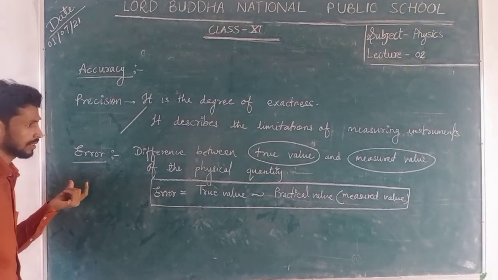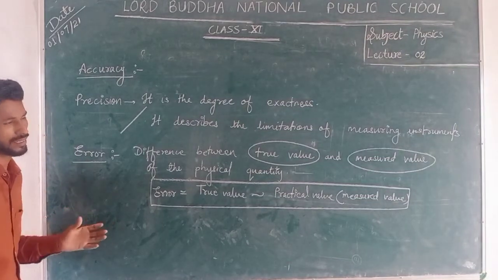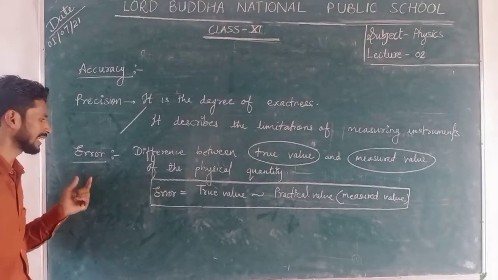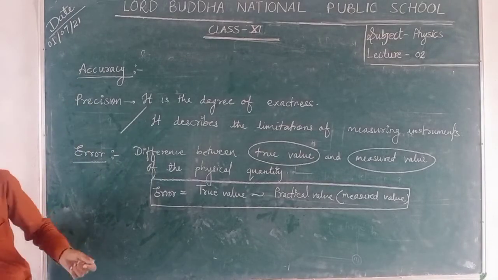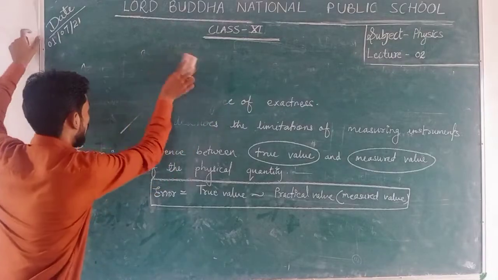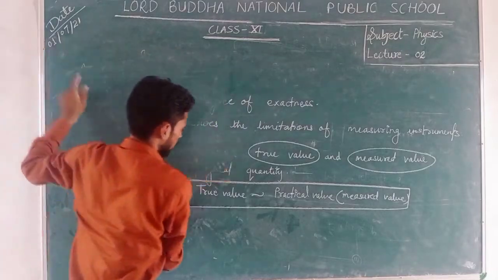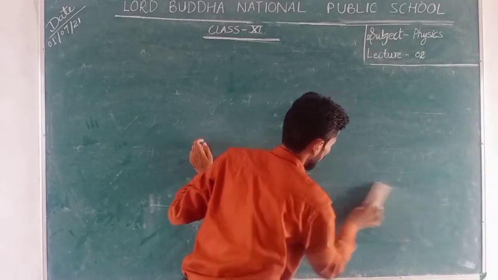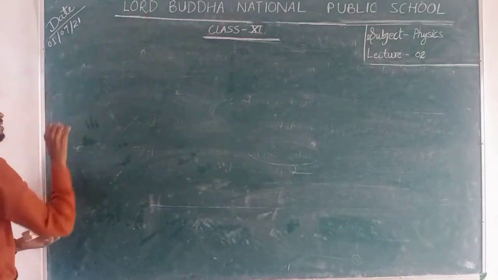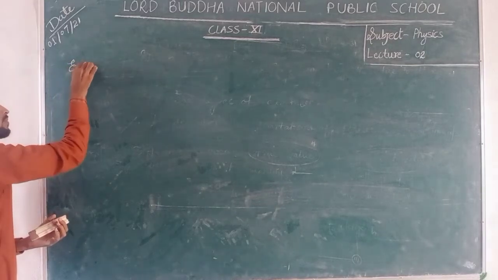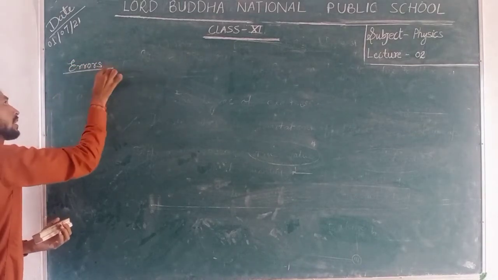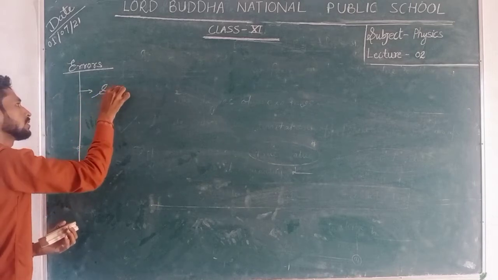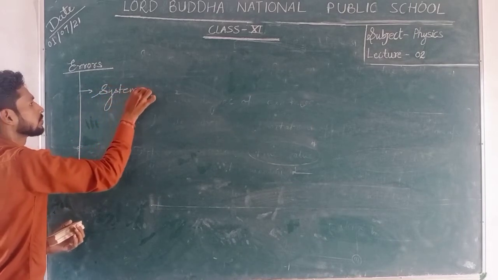Here is the error, and what types of error occur in practical work, or you can say in physics, how many types of error are present. So we will discuss types of error. Now, error can be classified in three ways. First is systematic error.